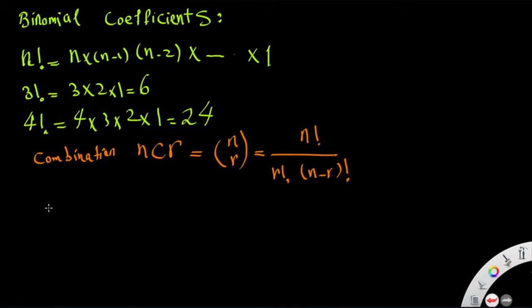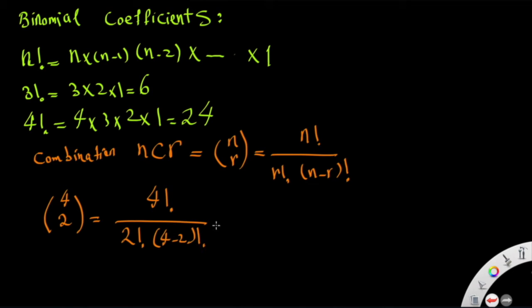Now, for example, combination of 4 and 2, it will be 4 factorial over r factorial. r here is 2, so it will be 2 factorial. Then 4 minus 2 factorial. It would be 4 factorial over 2 factorial times 2 factorial.